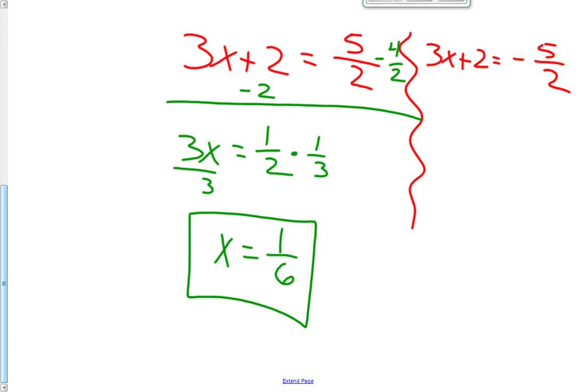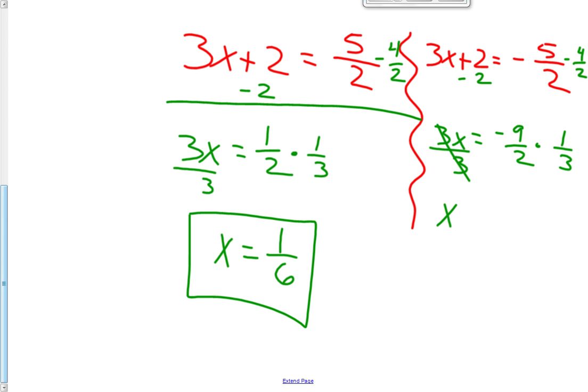The other one is over here. You're going to subtract 2, which again is like subtracting 4 halves. So 3x equals a negative 9 halves. A negative 5 minus 4 is a negative 9 halves. Now we're going to divide by 3 to get x all by itself, which is again the same thing as multiplying by a third.